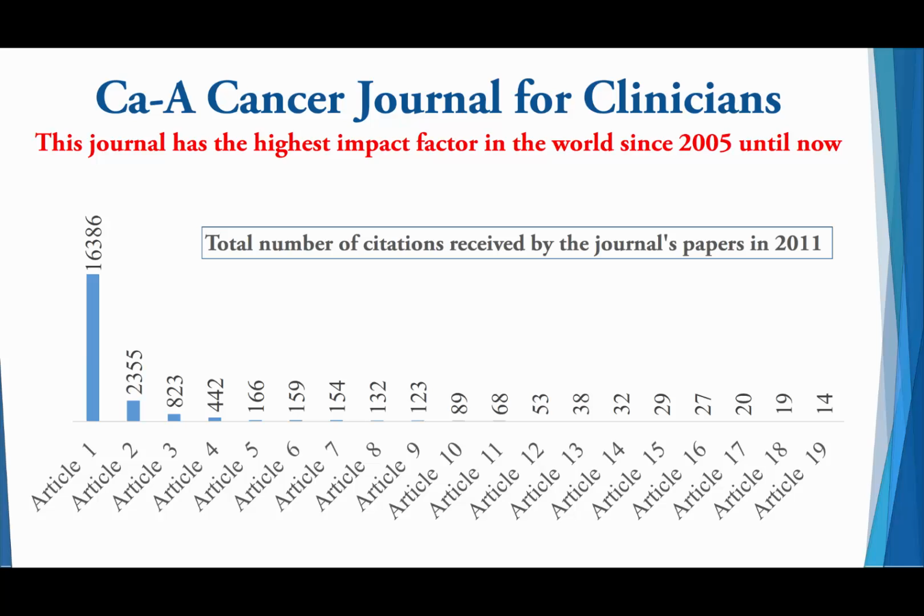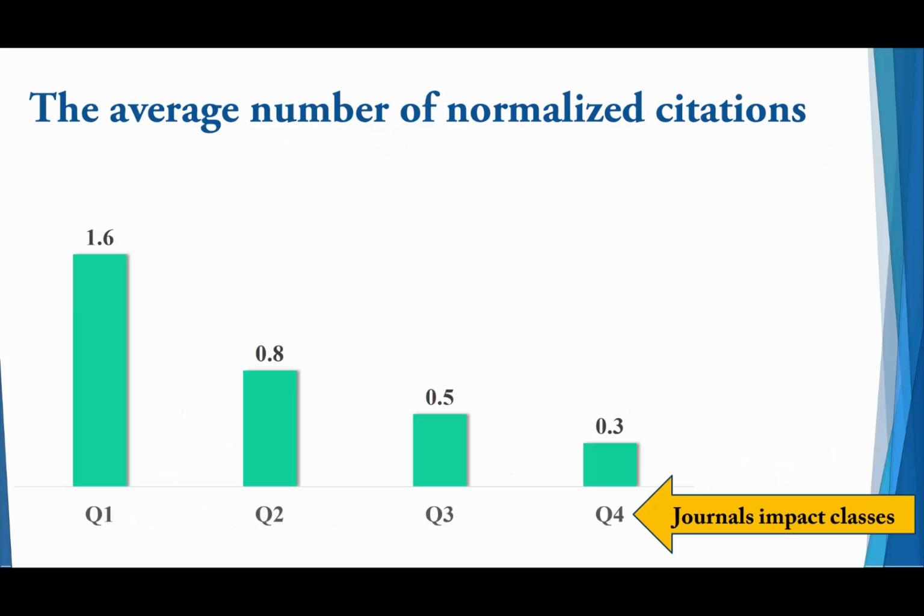In other words, in this year, about 11% of papers receive about 89% of the citations. In 2011, this journal includes 9 top 1% papers out of its 19 citable documents. So, 47% of this journal's papers are classified as top 1% papers.